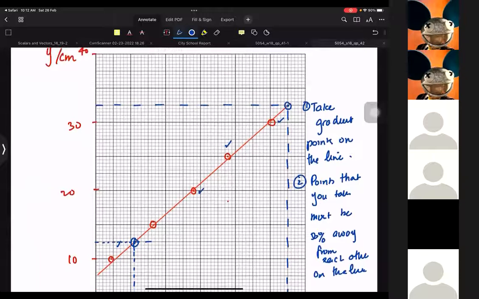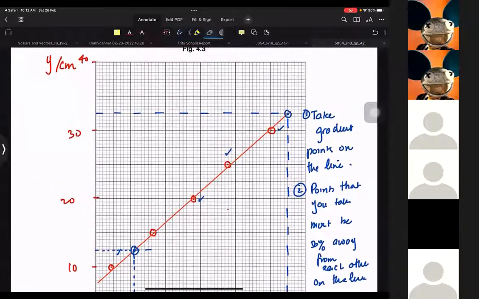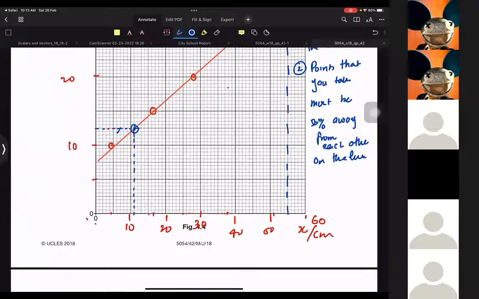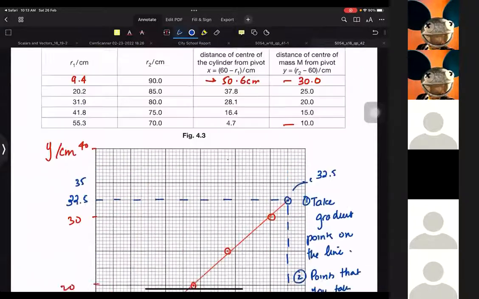Let me just remove the extra clutter. Okay. Now, as far as I can see, if this is like 35, so this will be 32.5. Okay, so one of our points is on this one. It is 32.5, comma, and the x one is 55.